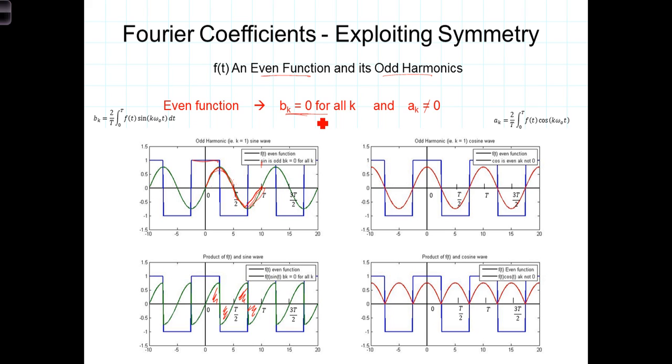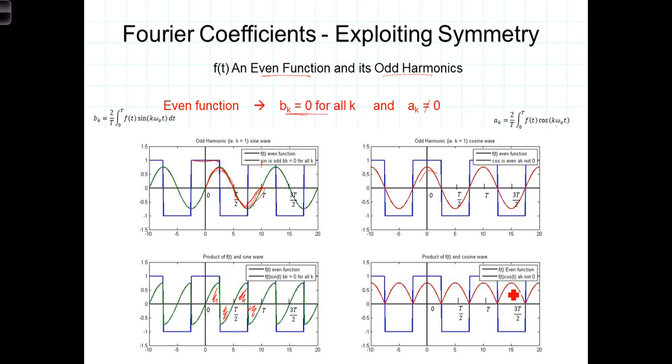On the other hand, the a sub k's are the coefficients we find by multiplying our even function by the cosine term. Here's our even function, and as you can see, the cosine wave aligns with it. You have a positive times a positive and a negative times a negative. Once again, you get a positive bump, and negative times negative is a positive bump, so when you integrate this product, you get a non-zero value.